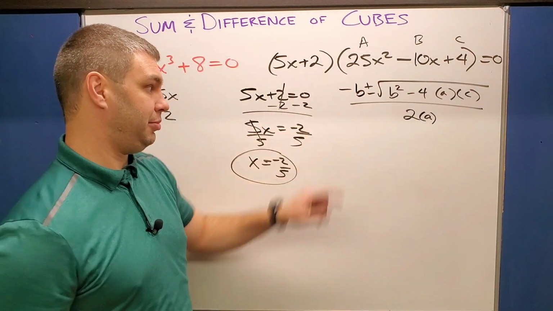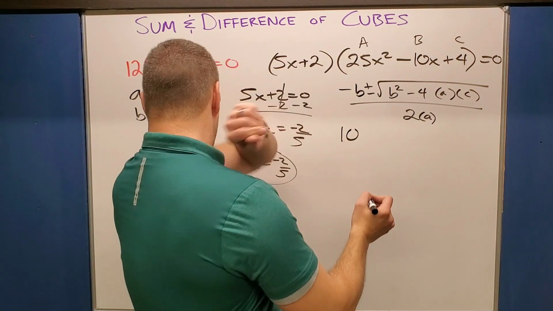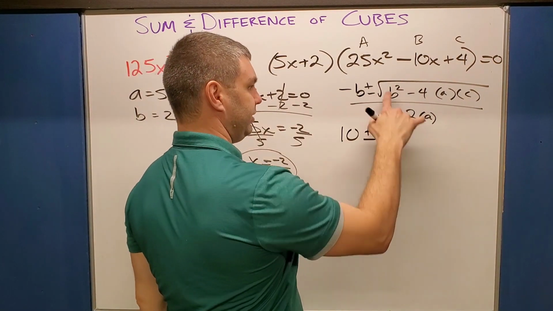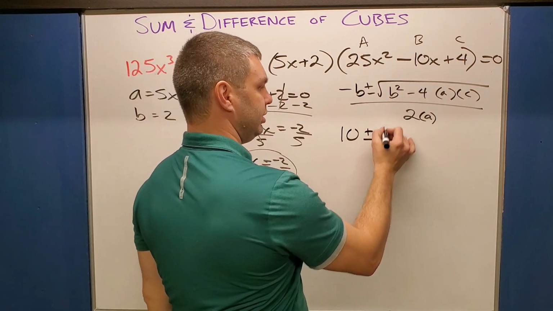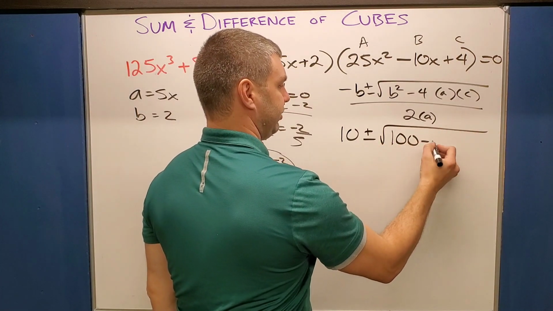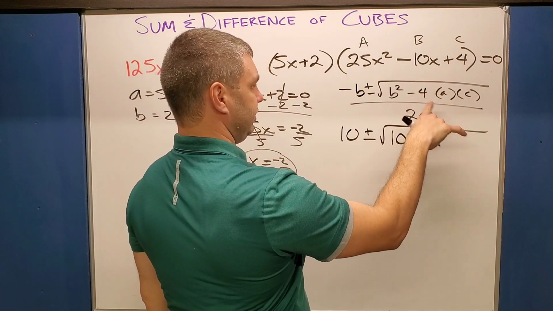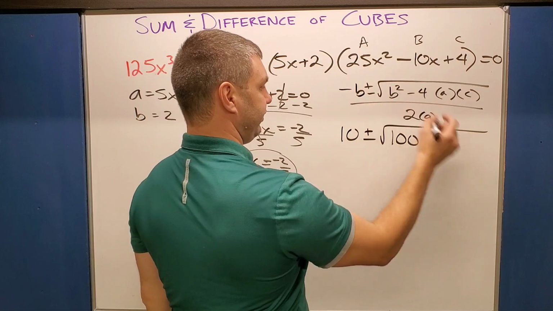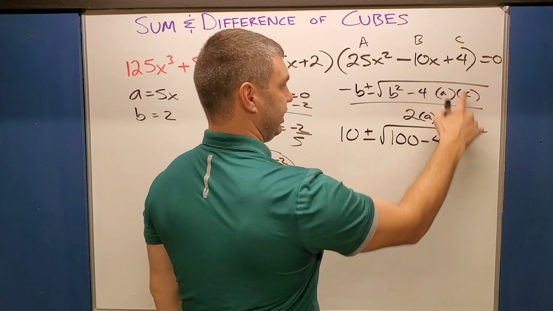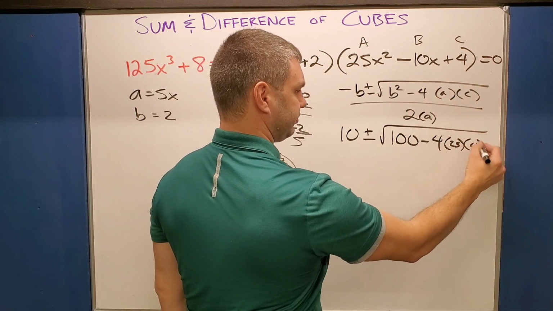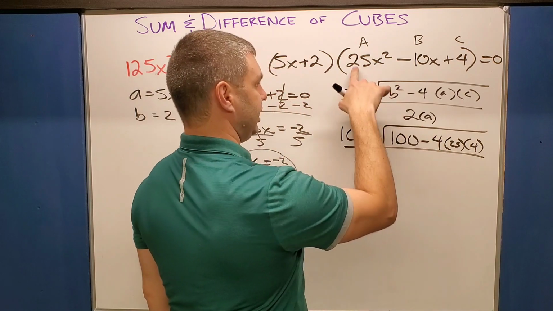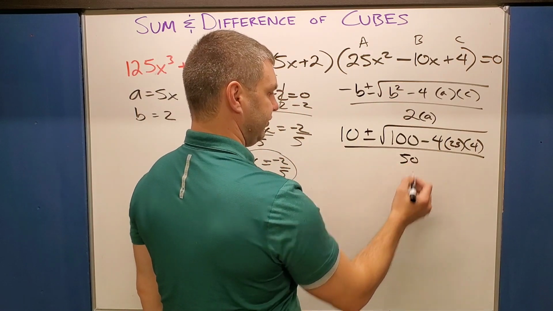So the opposite of my B would be positive 10. All right, and then B squared is going to be 100. So square root of 100 minus 4 times A, which is 25, and C is 4. All divided by 2 times A. 2 times 25 is 50.